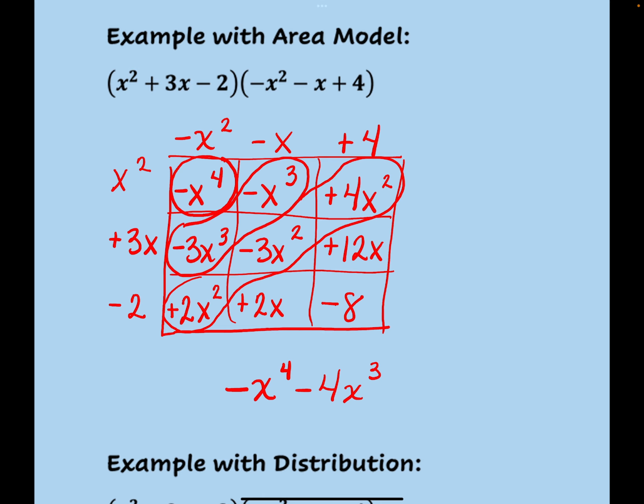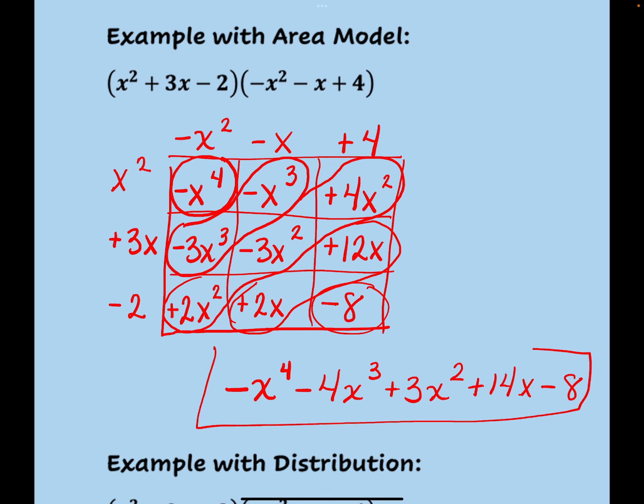So 2 plus 4 is 6, minus 3 is positive 3x squared. And then with the x's, I have 2 and 12. That's positive 14x. And then my constant, negative 8. Okay, that's using the area model.